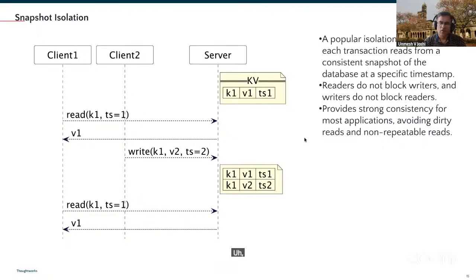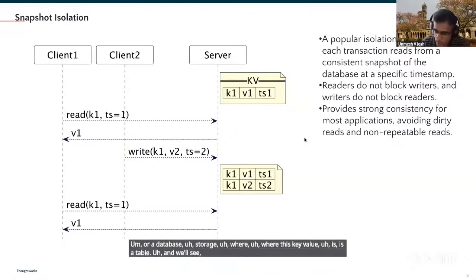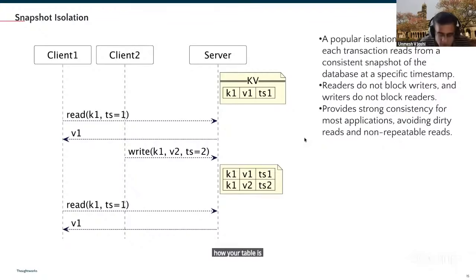Now, what this diagram is showing is two things. One, you can see that there is this box called KV, and you can consider it to be a key value store, very simplistically a hash map, or a database storage where this key value is a table, and we'll see how your table is implemented on top of a basic key value store.